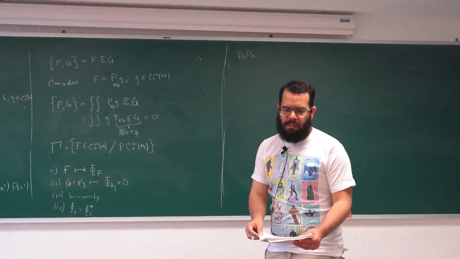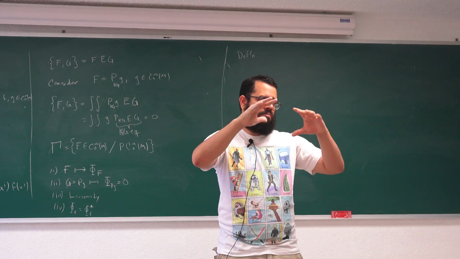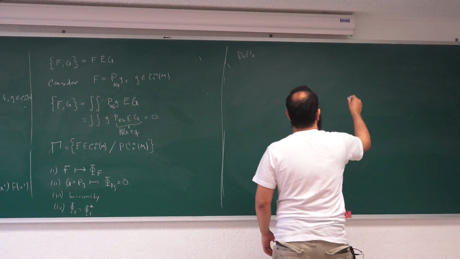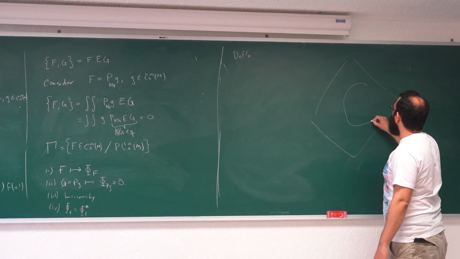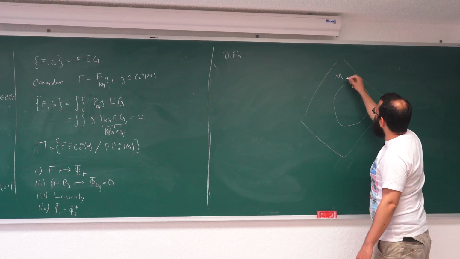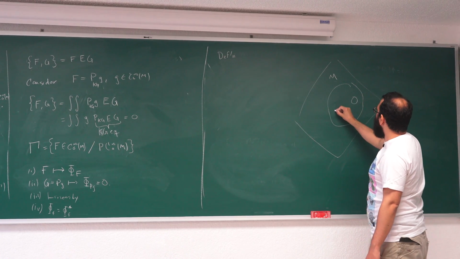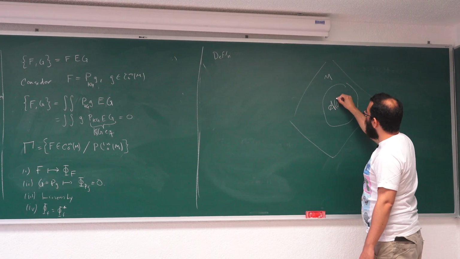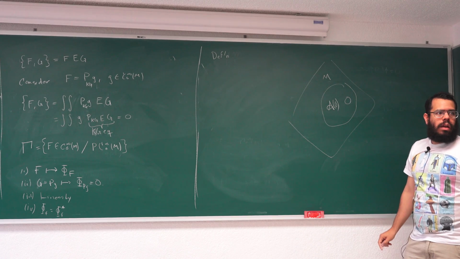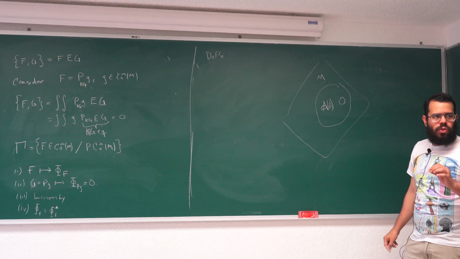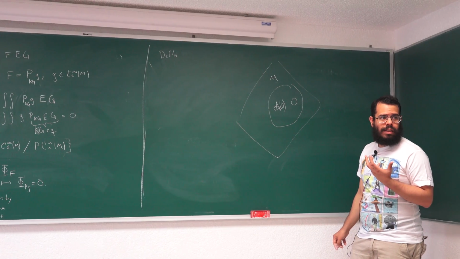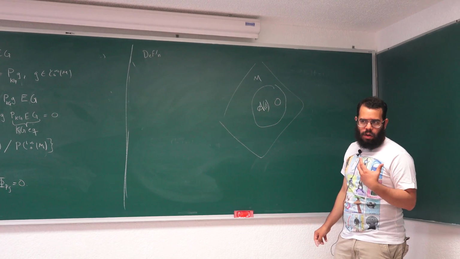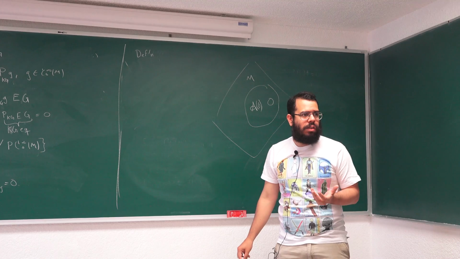I take space-time, I take a region of space-time. Let's say this is space-time. I take a region here. This is M. This is a region O, and I associate to it an algebra. Okay. And it's not associated to every point because fields are distributional, right? Fields and quantum operators and so on are operator-valued distributions.